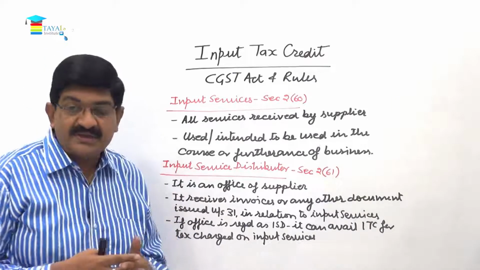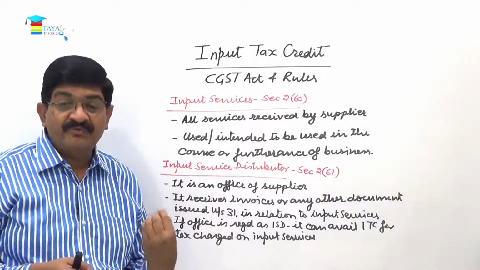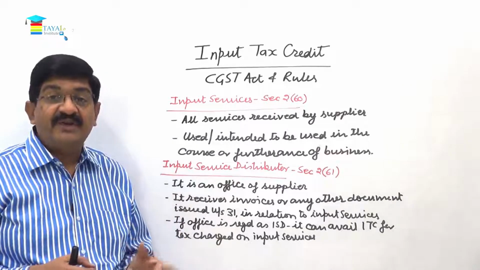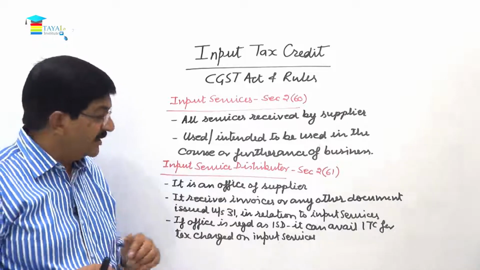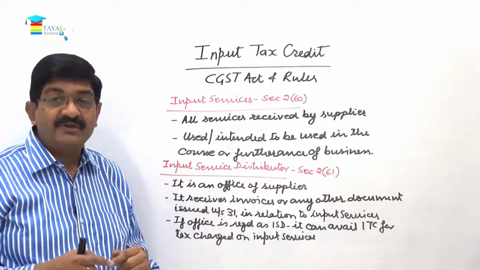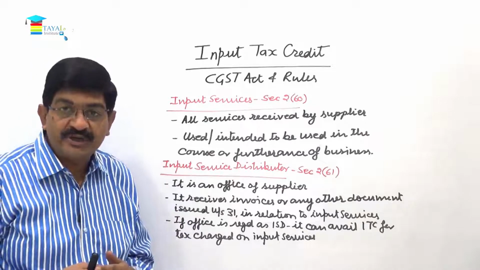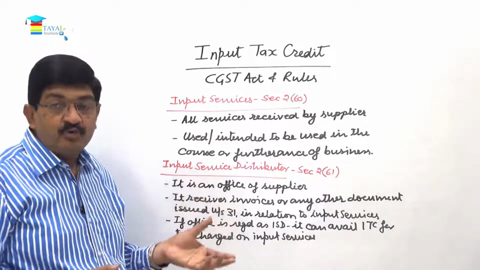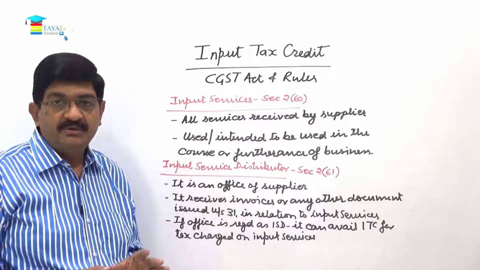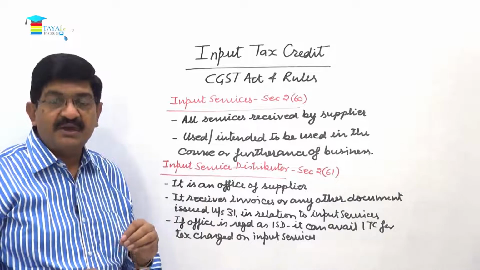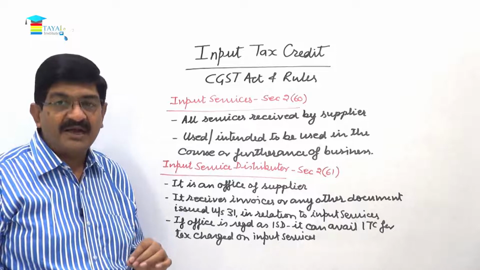It is not necessary that supply is also being made from the same office where the credit is being availed, because the services may be received anywhere else. Invoice is received in the office, the registered office can avail credit for the tax which is charged on all those input services. But what to do with the credit? This credit is allowed to be distributed to other place of business which is registered under the same permanent account number.